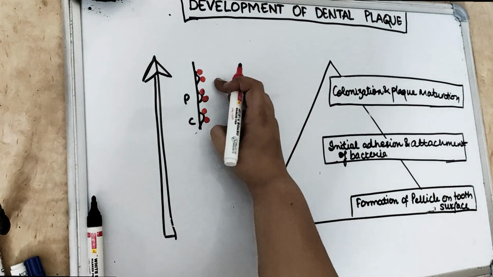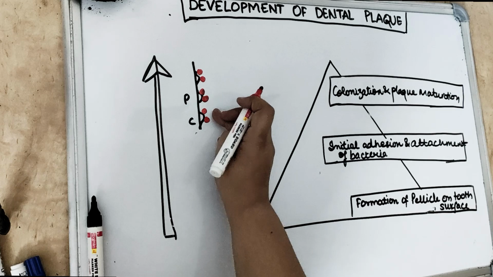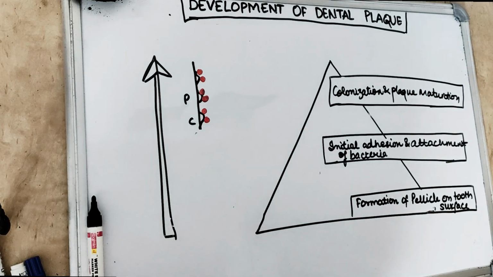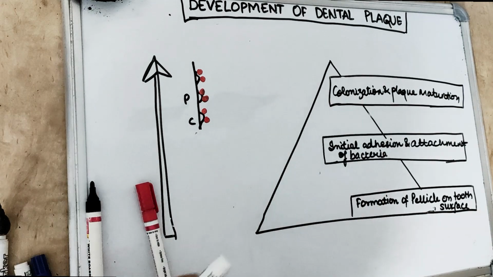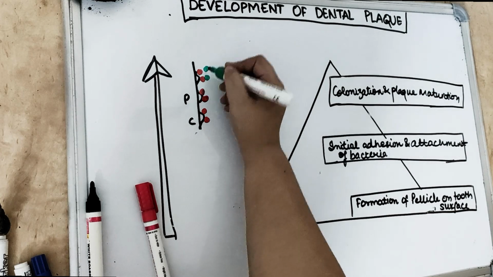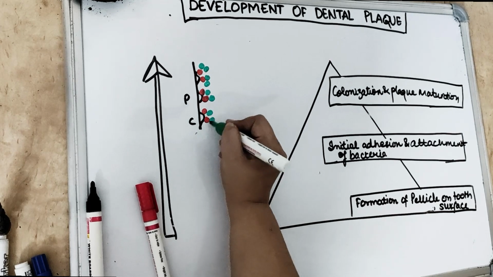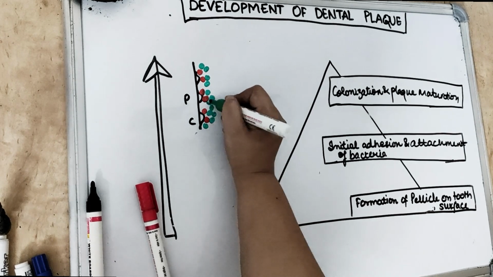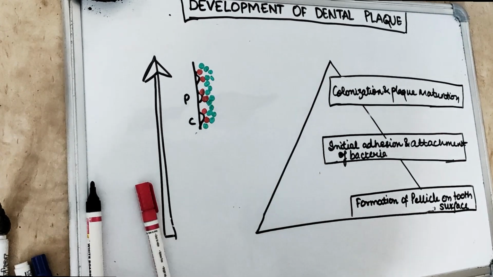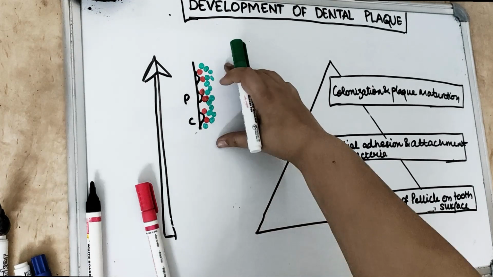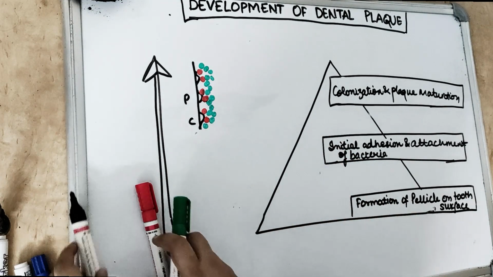So this is the initial adhesion and attachment of the bacteria to the pellicle. And then later on these bacteria attract other bacteria, and there is accumulation of other bacteria, colonization of bacteria, so many things happening. So basically this is our plaque, the accumulation of bacteria onto the surface of the tooth.